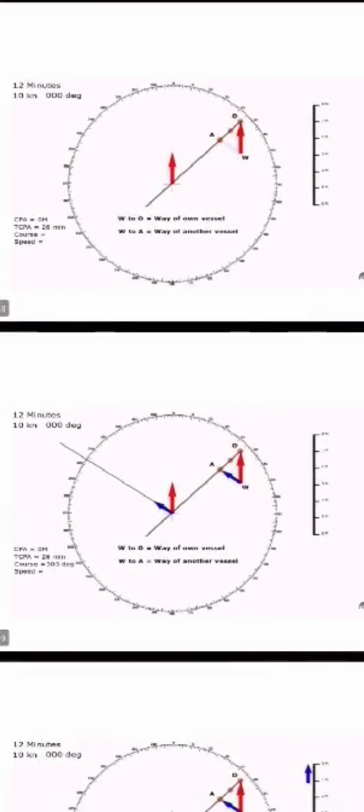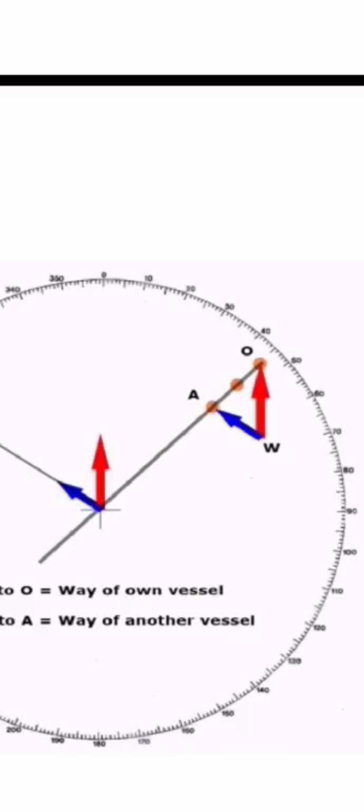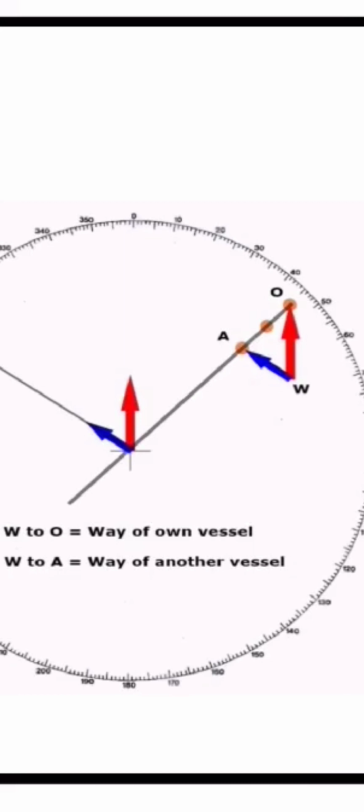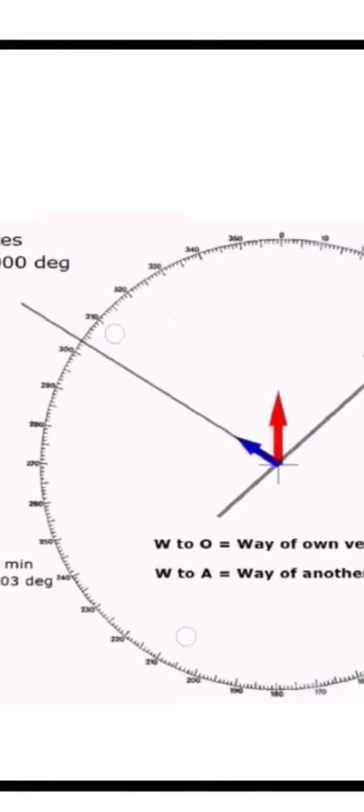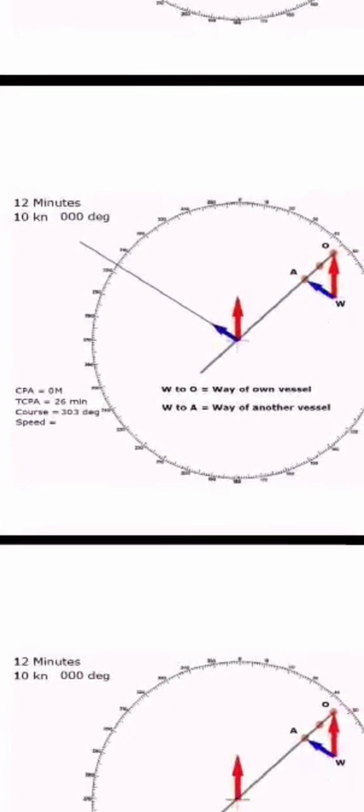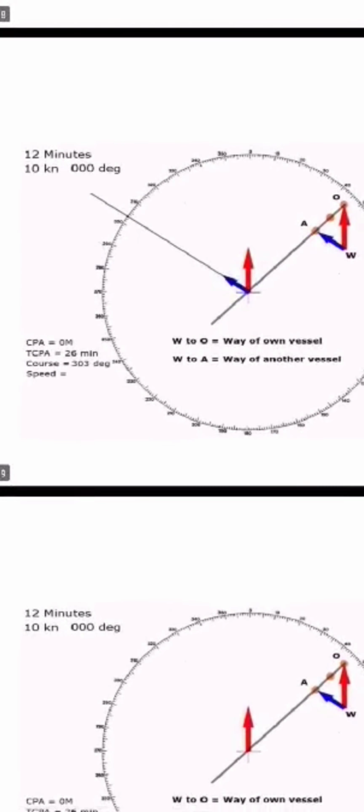In order to get the course of our target, we have to draw a line. As you have seen, it's a blue arrow. We draw a line from W to A as the target's position, and after drawing the line, we drag it to the center in order to get the bearing. So now we have identified the course of our target. It was marked as 303 degrees.